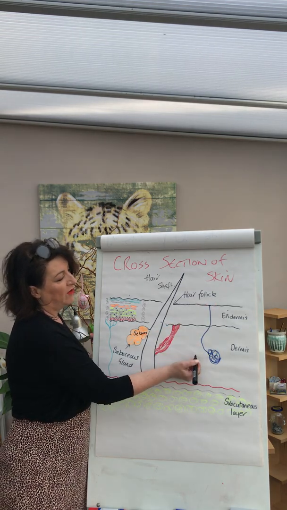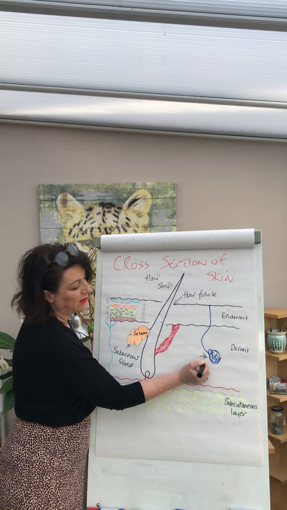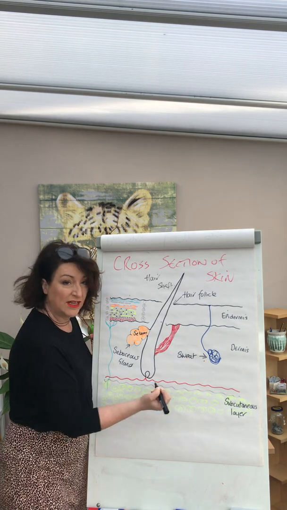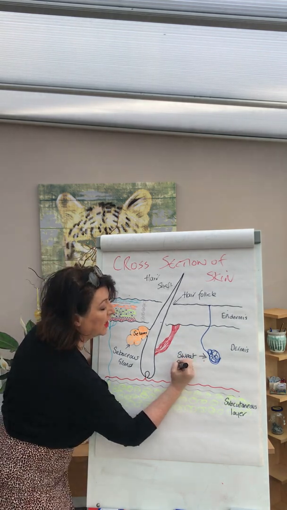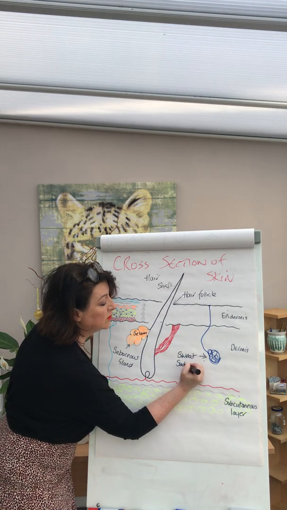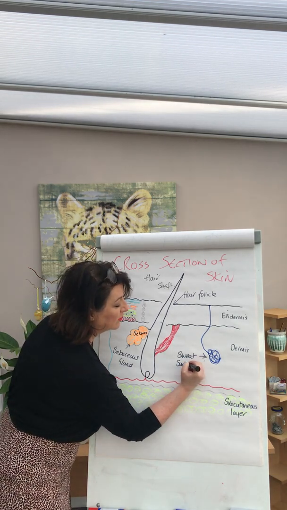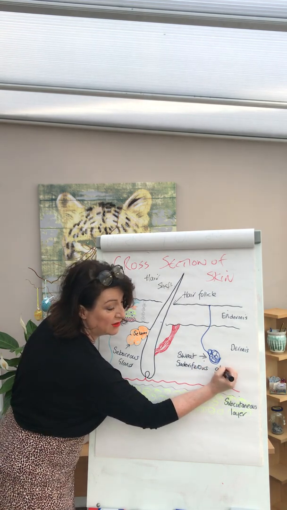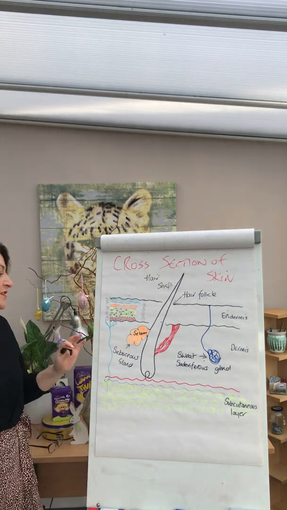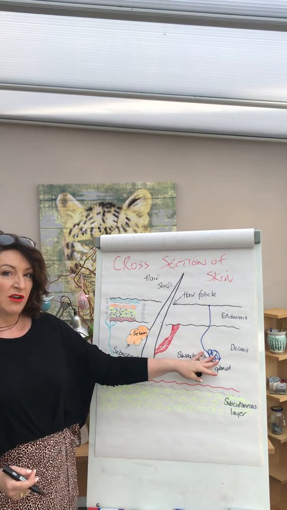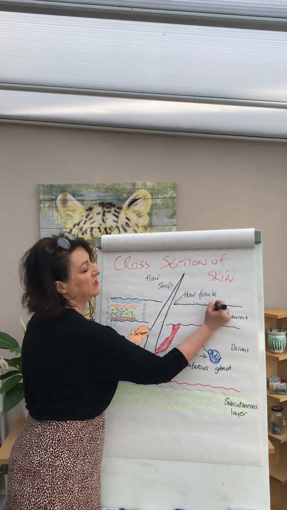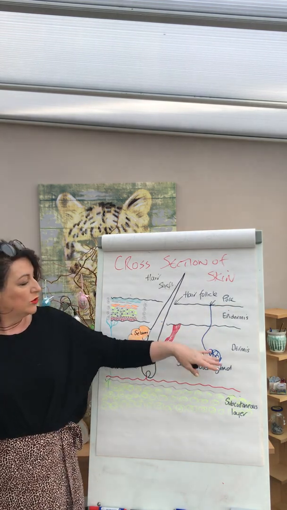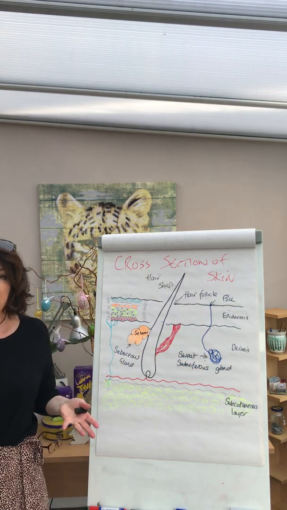The other little diagram we've got here is something called a sweat gland. Okay, it's also called a sudoriferous gland, excuse the spelling, a sudoriferous gland. And this will secrete sweat onto the skin through a pore. So the skin has to sweat.